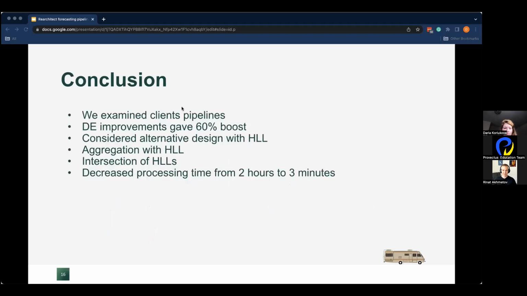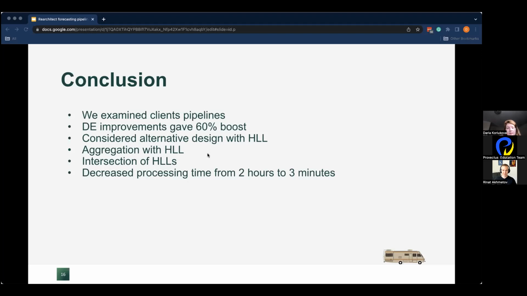And we were able to embed it in the middle of our pipeline. So, conclusion: we came to our client, we joined their team, and we examined what pipelines they ran. First, we did some data engineering improvements only, and they already gave us a 60% boost, which was really nice. We did it by moving from EMR to EMR Serverless, plus some additional Spark settings and removing some bottlenecks.